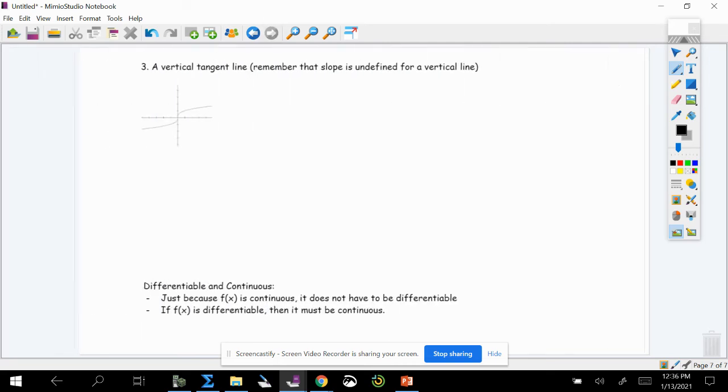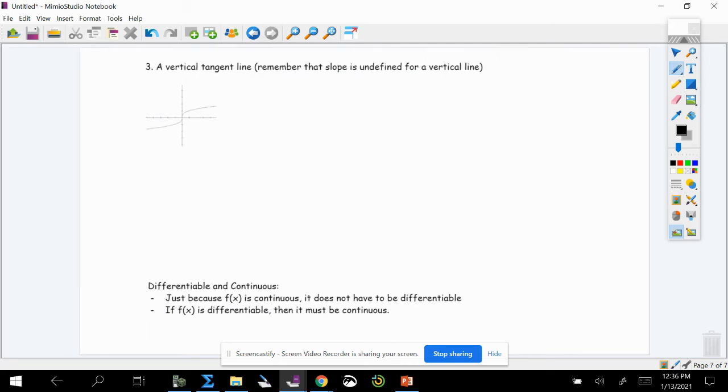The third and final reason that something could be not differentiable, and this one's the most difficult to see with the naked eye, is anytime you have a graph that has a vertical tangent line. Let me draw a picture here. If you were to draw a line that is tangent to the curve, it would be drawn straight up and down. Here's the problem with that.